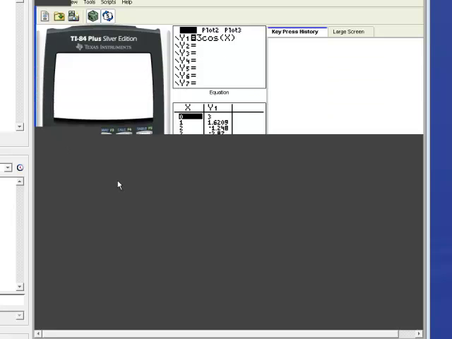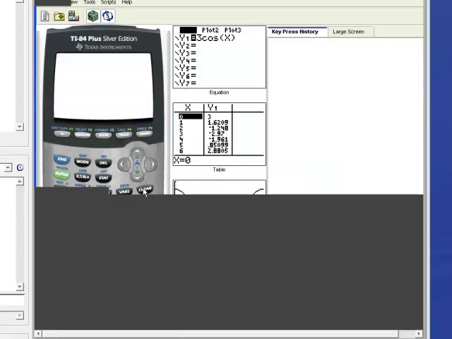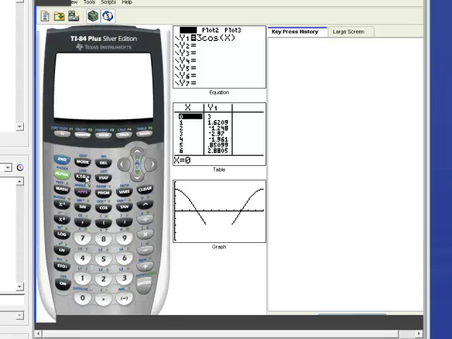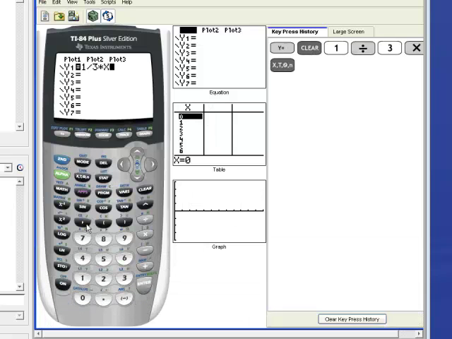All right. So it's 1/3 times x minus sine x. And for the window setting, I'm going to go to 2 pi. That's fine. Pi over 6 is the scale.